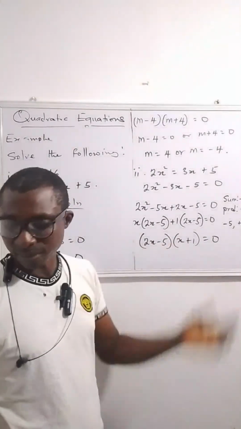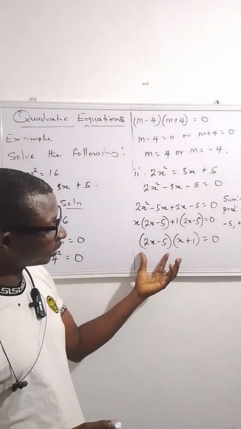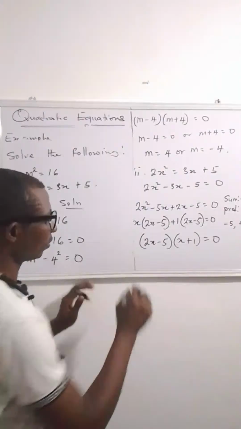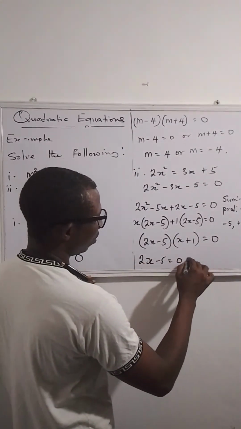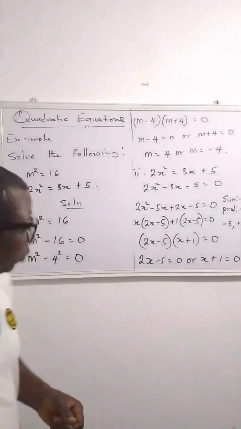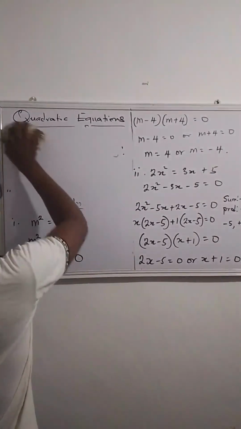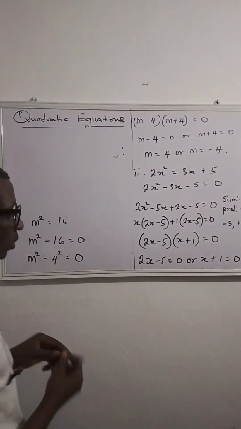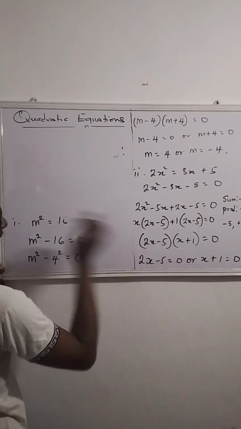So what is the next thing to do here? You equate this to 0 and also this to 0. So you have 2x minus 5 is 0 or x plus 1 is 0. If you do that, the next thing is to add 5 to both sides of the first equation. When you add 5 to this, or you move minus 5 to this side, the sign changes.